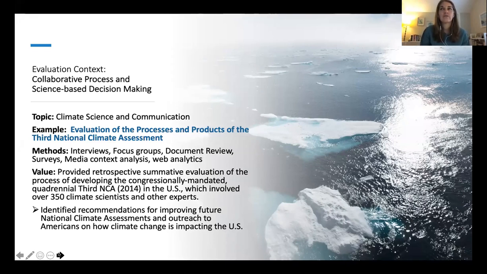It was a team of about 15 people, looking retrospectively at the process of developing the U.S. Third National Climate Assessment, which is a congressionally mandated quadrennial report to Congress, which details the impacts and expected impacts of climate change on the U.S.